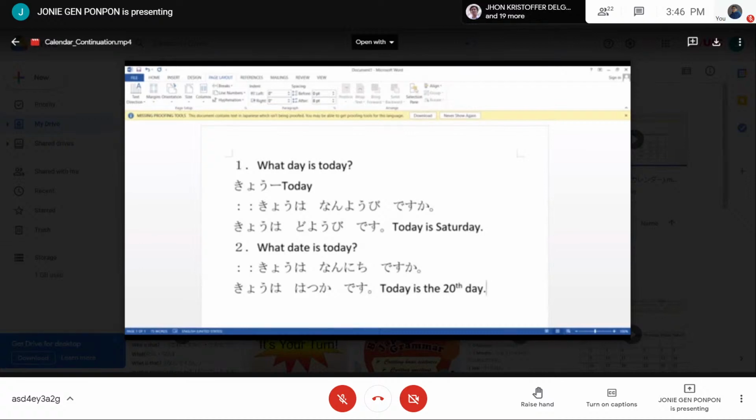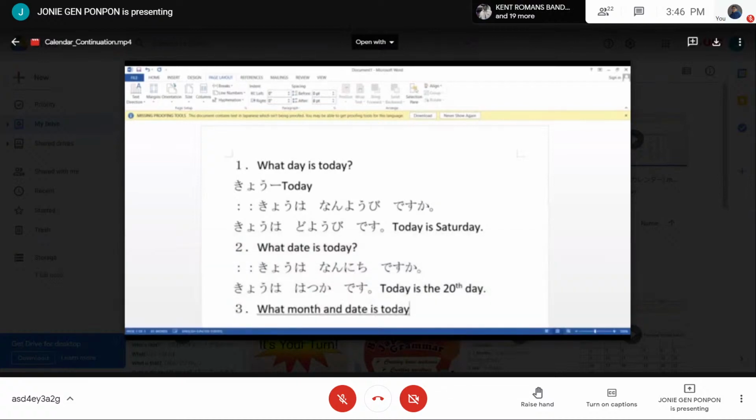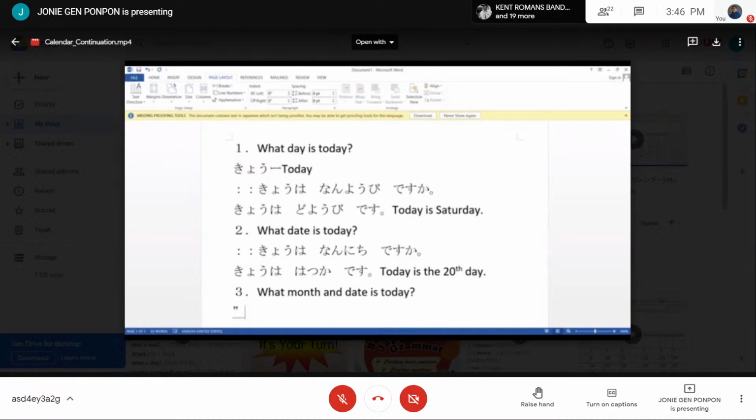Next sample sentence will be how to ask the month and the date. So what month and date is today? In Nihongo, isa-isahin mo, so separated.